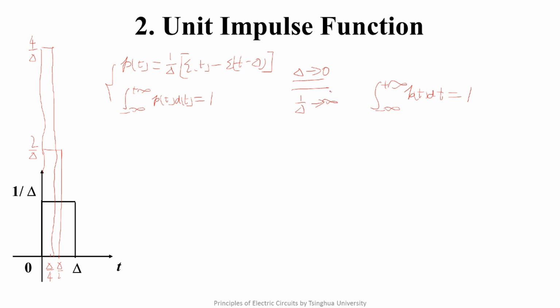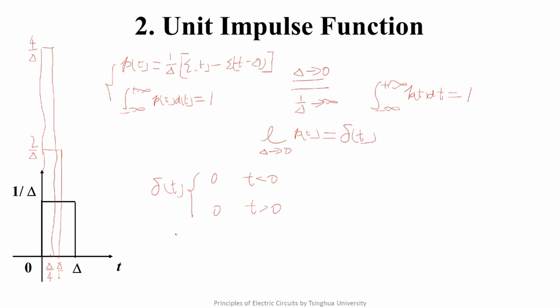When delta tends to 0, the limit of pt becomes the unit impulse function, which is called delta t. Now we give the definition of delta t. It has two characters. Firstly, when t is less than 0 and greater than 0, delta t equals 0.